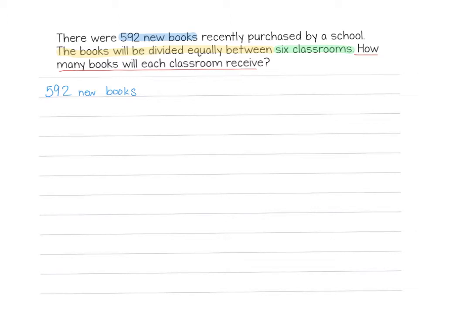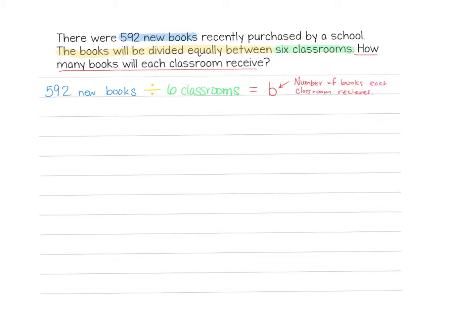And we are dividing these books equally between 6 classrooms. So the answer to our problem is going to answer how many books will each classroom receive. So we put a variable there because we don't know the answer, but we know that it's going to be the number of books that each classroom receives.